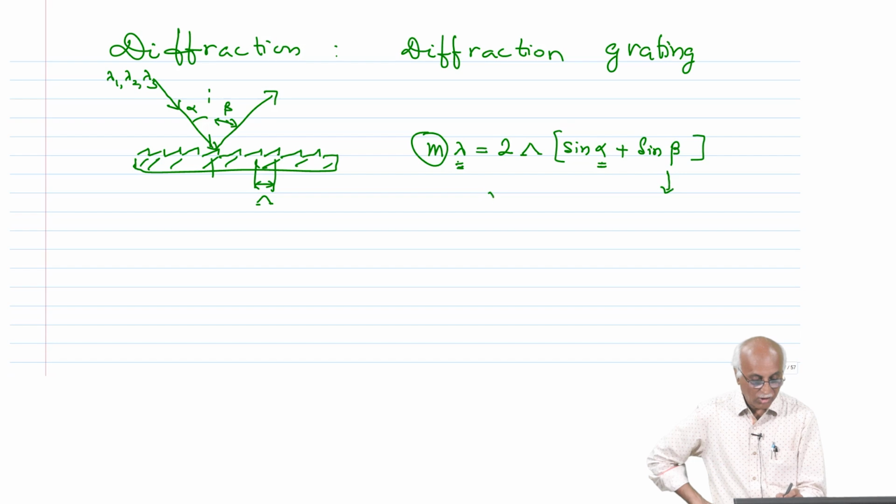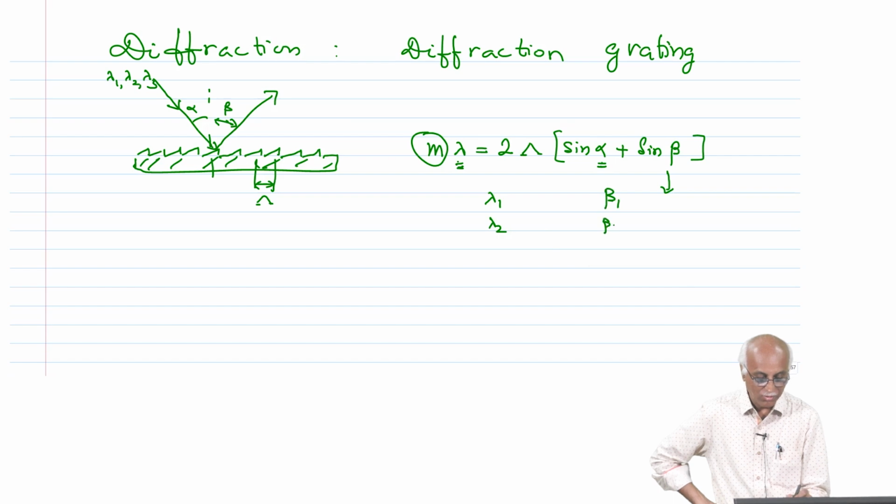So, corresponding to lambda 1 this equation will be satisfied for beta 1, lambda 2 beta 2, lambda 3 beta 3, let us say.